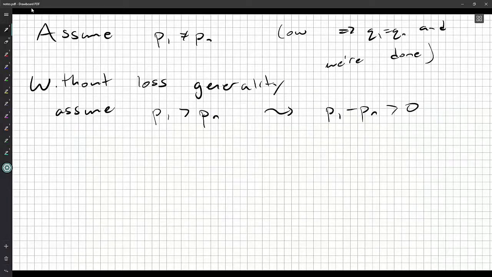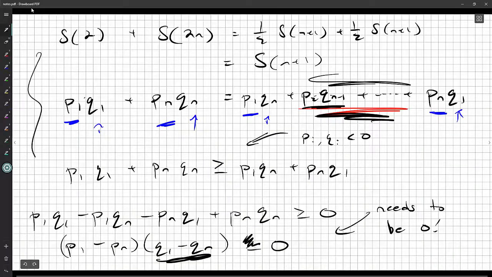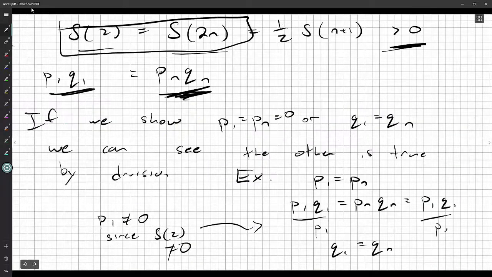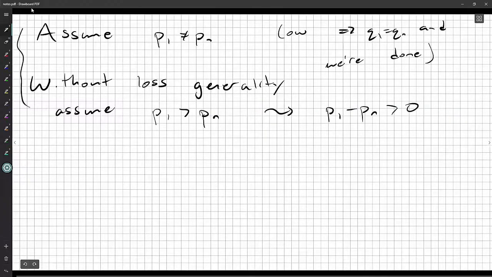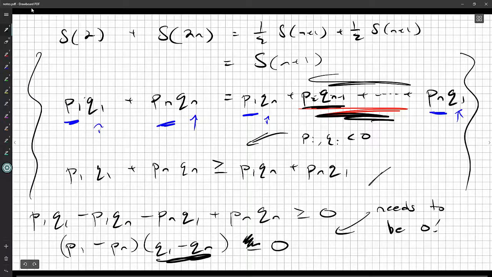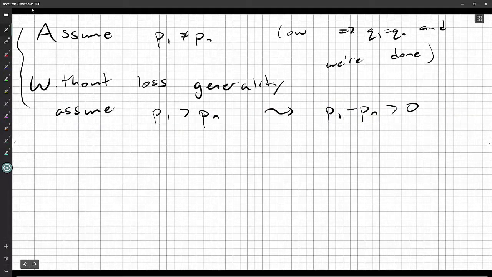Okay? So, by the way, this page is just me sort of playing around. I would probably make this argument and then proceed right into here, and then make my conclusion resemble something like this, but in reverse. Okay, now, how does P1 being greater than Pn relate to Q1 being greater than, or being less than Qn?